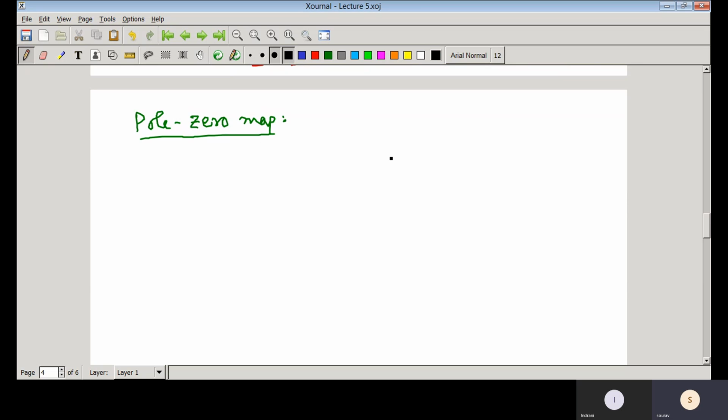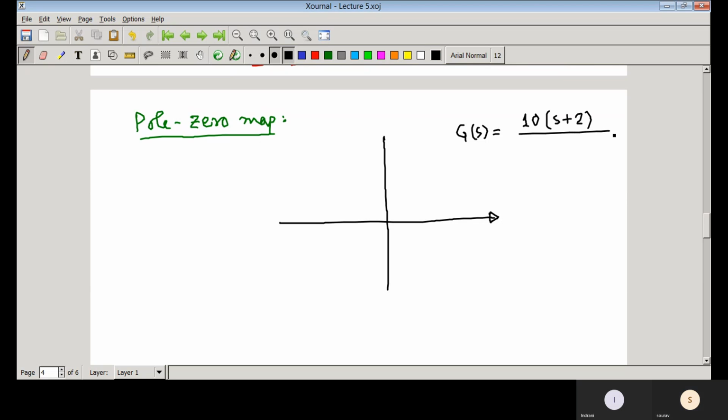So let us see the pole zero map of this above function. So here the G(S) that we have taken is 10 (S plus 2) over S (S plus 1) (S plus 3) whole square.